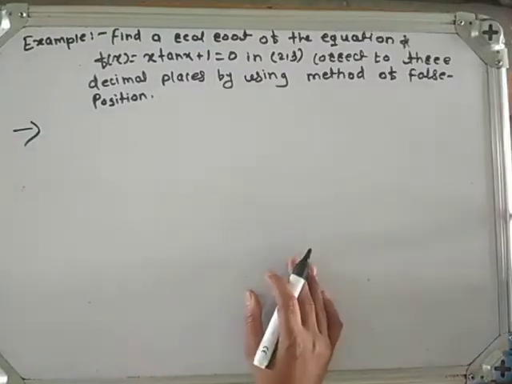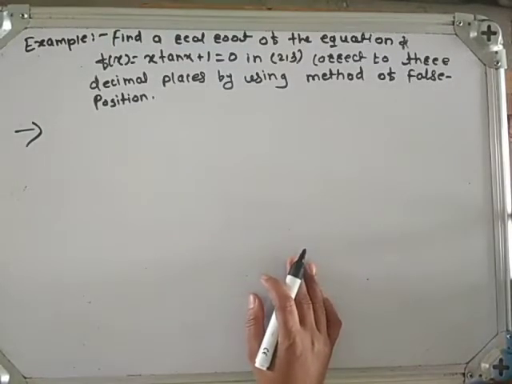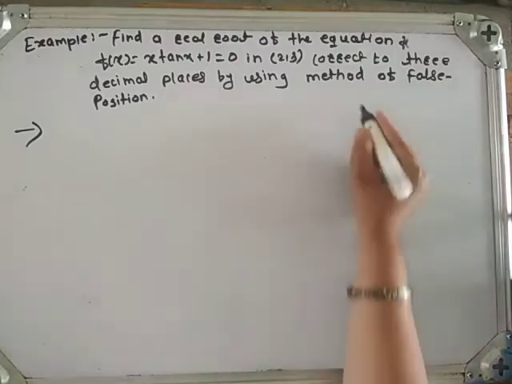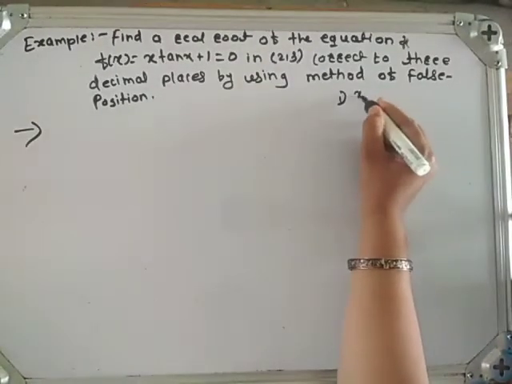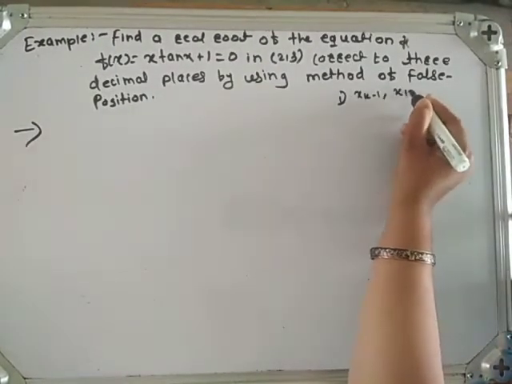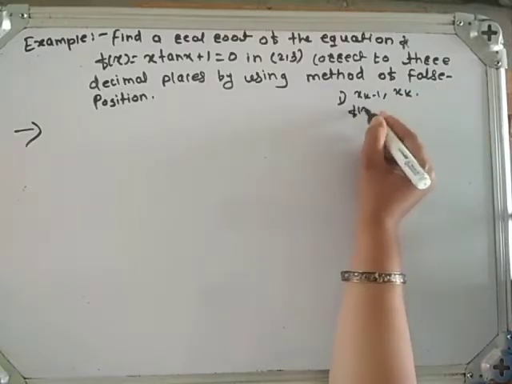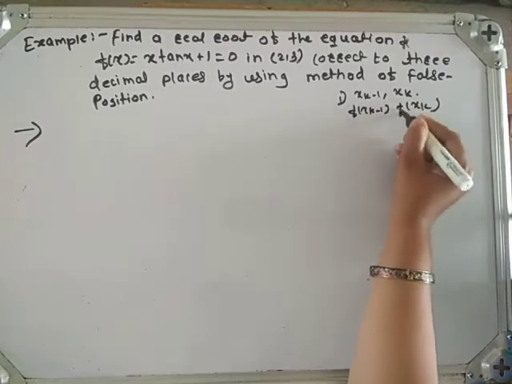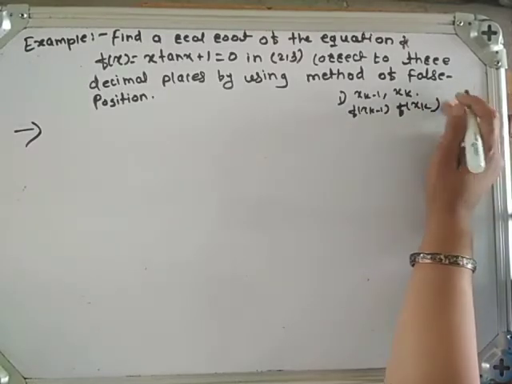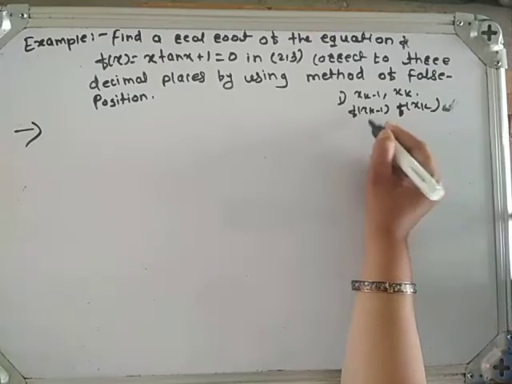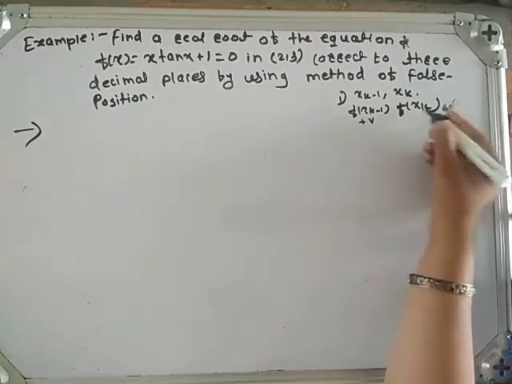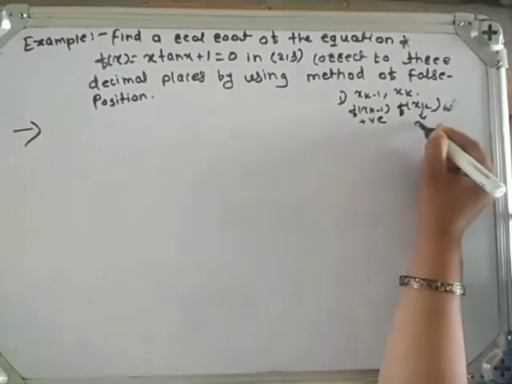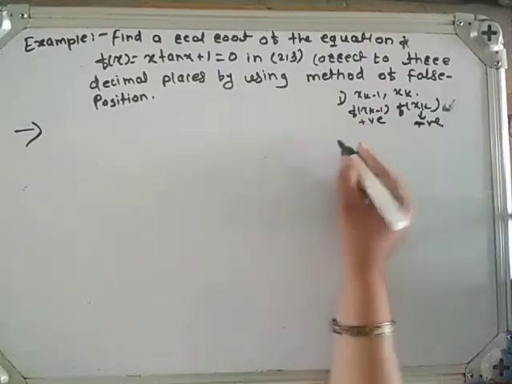Solution. First we recall what the method of false position is. In the first step we have to find two points x_{k-1} and x_k such that f(x_{k-1}) and f(x_k) have opposite signs. For convenience, suppose f(x_{k-1}) is positive and f(x_k) is negative.